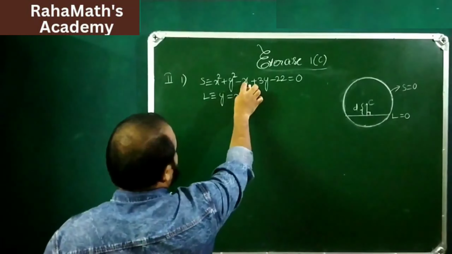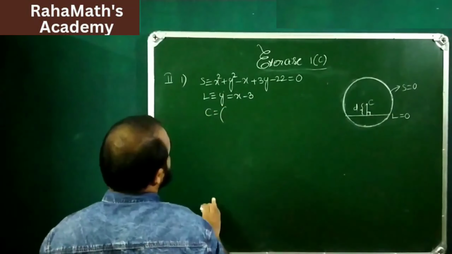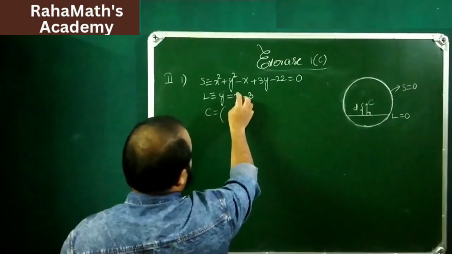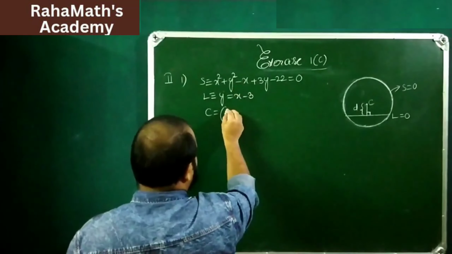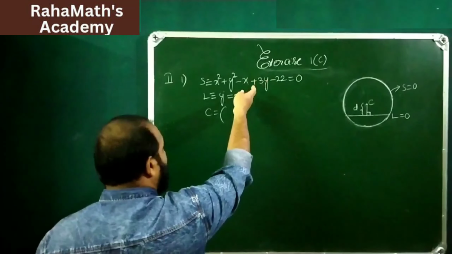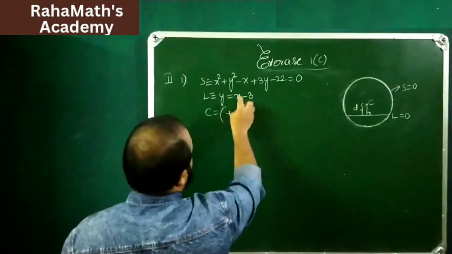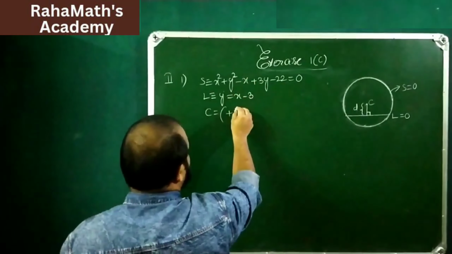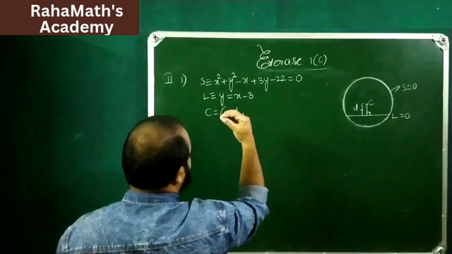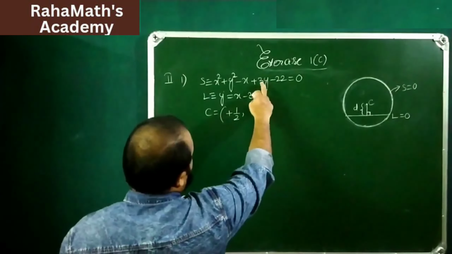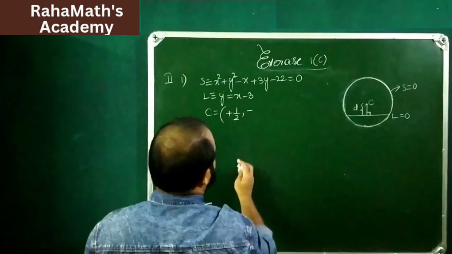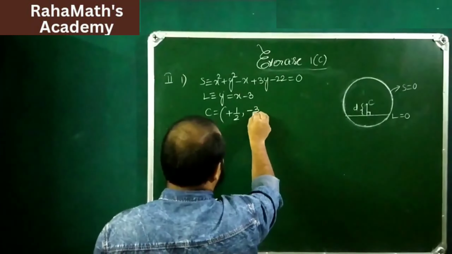So, what is the center? C is equal to: here minus is there, so you take the opposite sign. The x coefficient is 1, so half. Here plus is there, so minus you take, the y coefficient is 3, half of that.